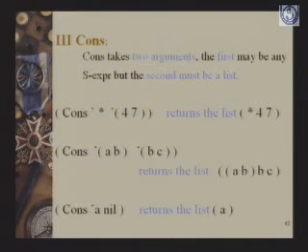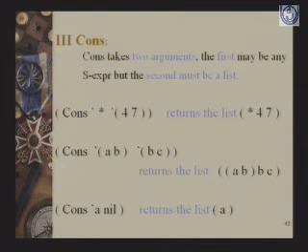In this particular case, quoted star and the quoted list 4 7 are given to us. What does cons do? Cons in this case inserts the first argument, star, as the first element of the second list. That is, another element is added to the given list, which is the second argument of cons.